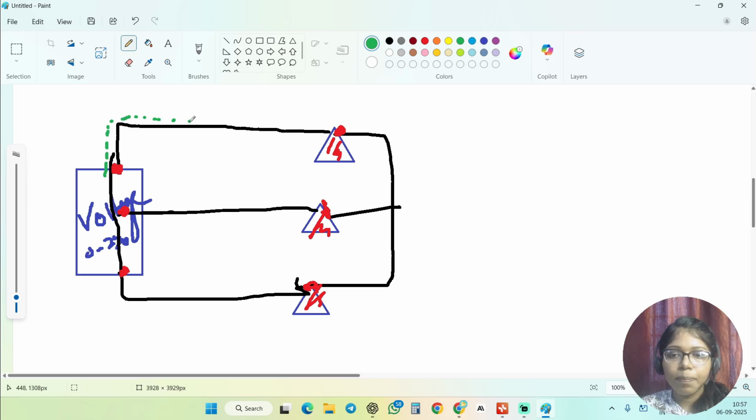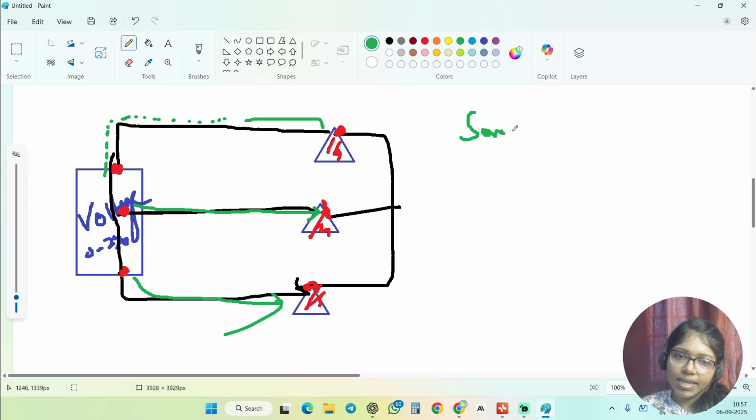Keep my point clear: some of the current has started to move in this direction, some start to move in this direction, and some will move in this direction. So hear my word: the current will definitely vary.